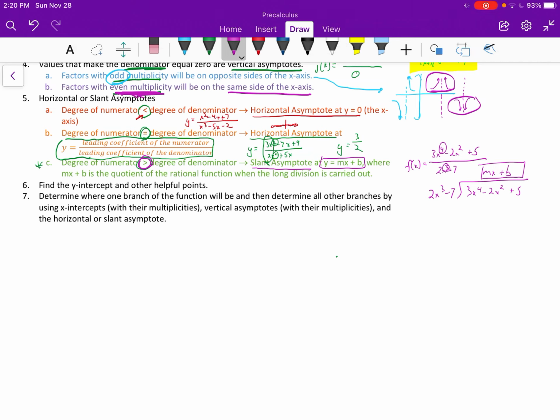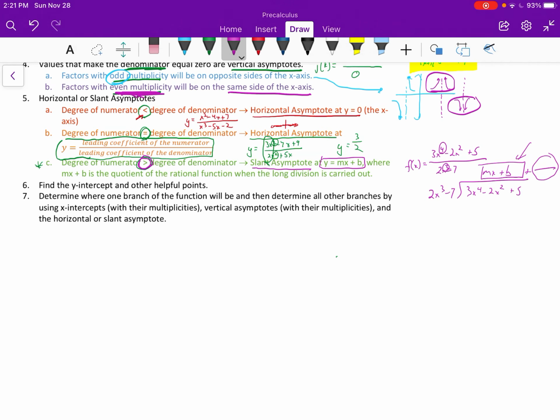In fact, we also will have some remainder, which we don't really concern ourselves with because this is the line it gets closer and closer to, and the remainder becomes a really small number that's insignificant. But that mx plus b, when we divide, that'll be the line of the slant asymptote. So the horizontal or slant asymptote is sometimes the trickier part of this, but it's not too bad once you do several examples and get used to it.